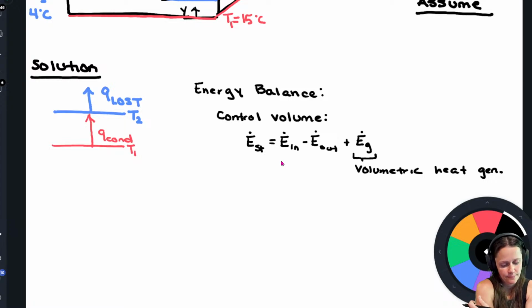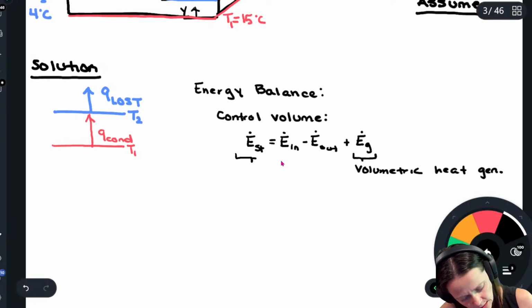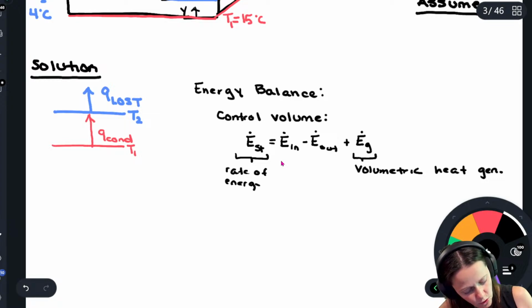And then this, yes, E dot ST is actually the rate of energy stored.